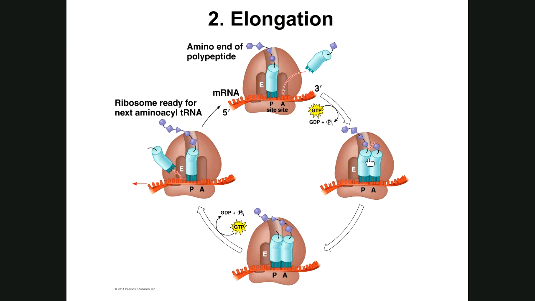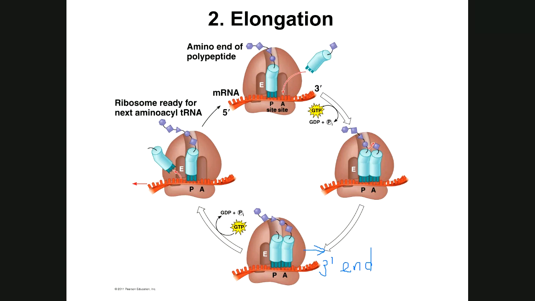Now, this tRNA that's in the P site that initially had this growing polypeptide, now if you look down here, it doesn't have anything attached. Okay? What happens next during elongation is that the ribosome will shift towards the 3' end of the mRNA.